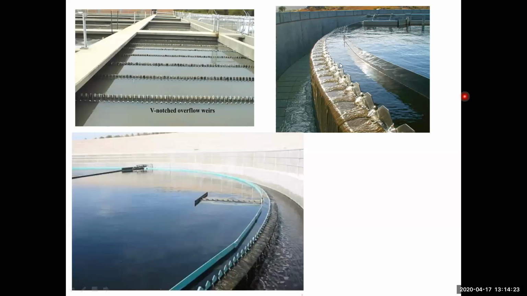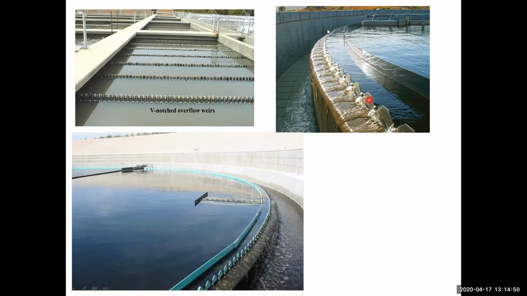In this diagram, this is the sedimentation tank where the sedimentation process occurs. From this, the water will be taken out to the next process. These are the notches, and this is the enlarged view. You can see the water coming out from this tank.